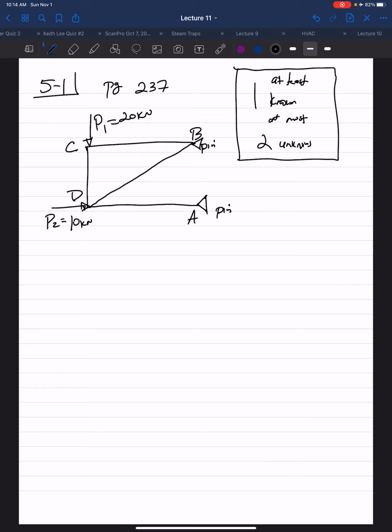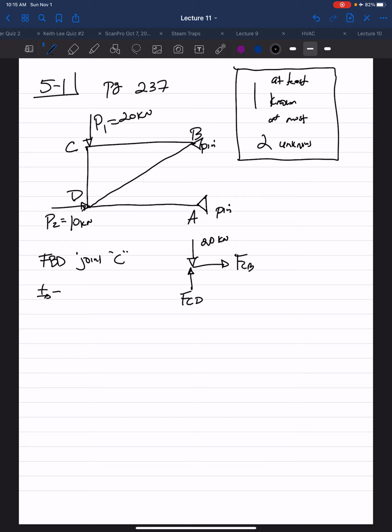So we start with a free body diagram of joint C. We have our 20 kilonewton P1 force coming down, which means that FCD must be oriented up in the positive Y direction. And there's only one force in the X direction, FCB.